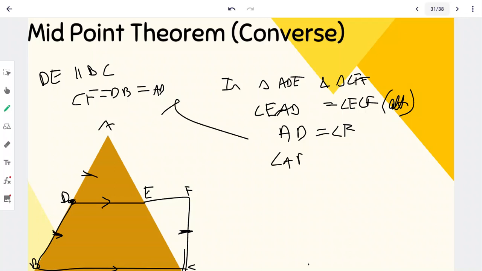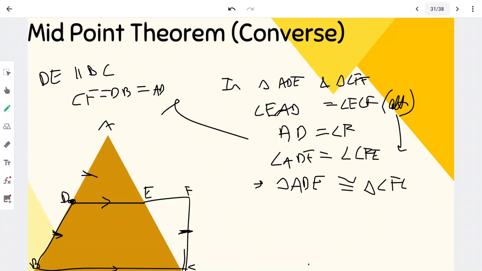And angle ADE is equal to angle CFE, these are also alternate interior angles. So therefore triangle ADE is congruent to triangle CFE. Hence AE is equal to CE, correct. AE is equal to EC.